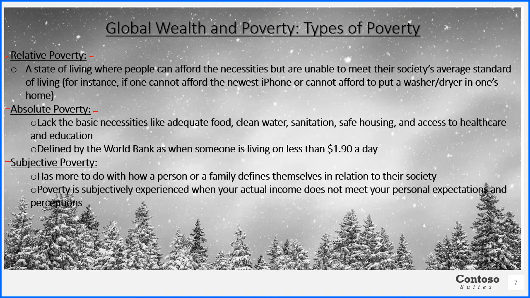And if we are taking the World Bank definition, they define someone as living in absolute poverty when they live on less than $1.90 a day. And that would also include their housing cost and whatnot. So it's not a lot of money to live on per day.